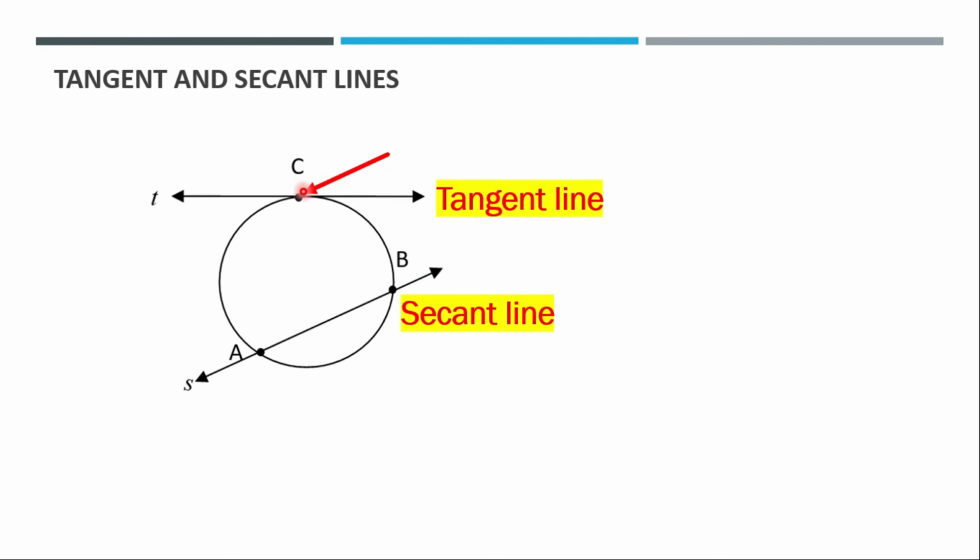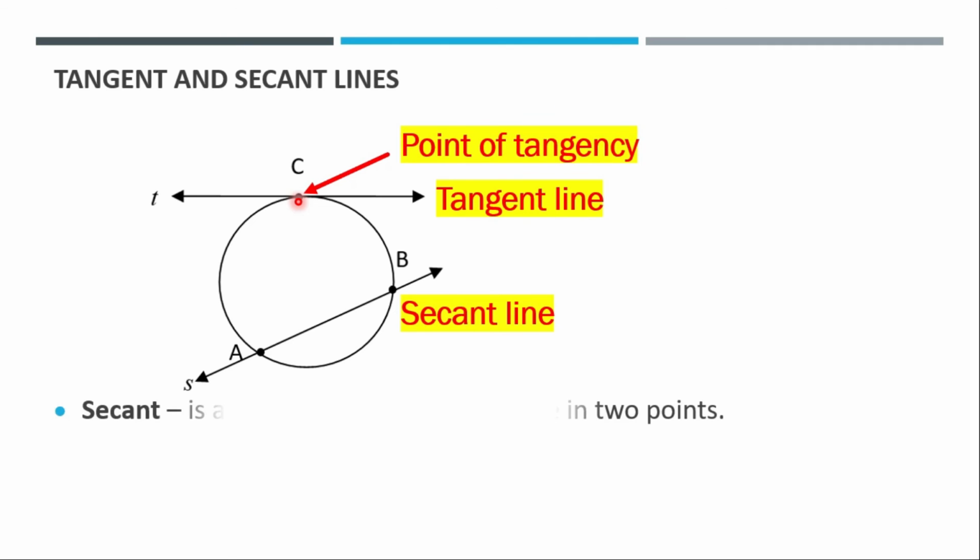At yung point na nakatouch sa ating circle ay tinatawag na point of tangency. So when we say secant, it is a line that intersects the circle in 2 points.